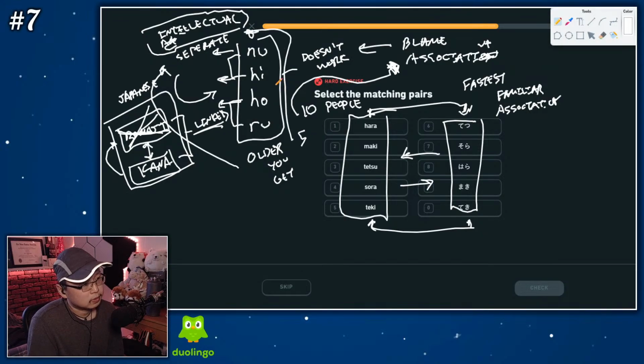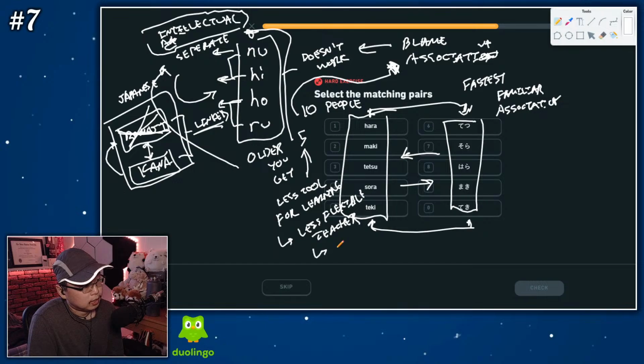So what that means to me is these 5 have fewer tools for learning, and they are likely less flexible as teachers. They do have a higher ceiling though. In exchange, they have a higher ceiling of expertise. That's kind of the whole thing from yesterday.